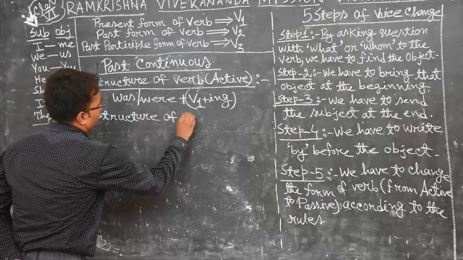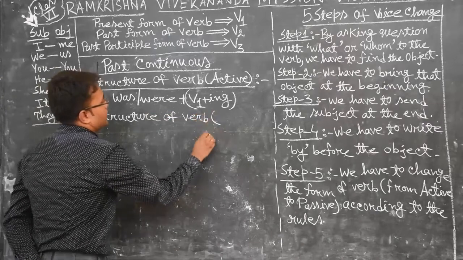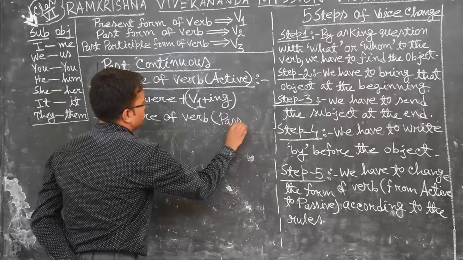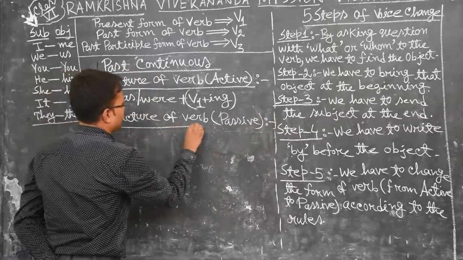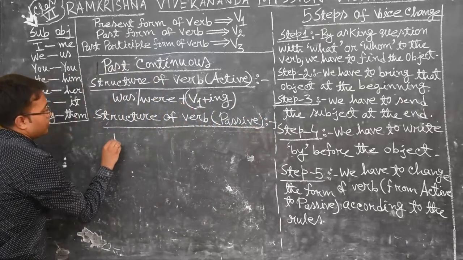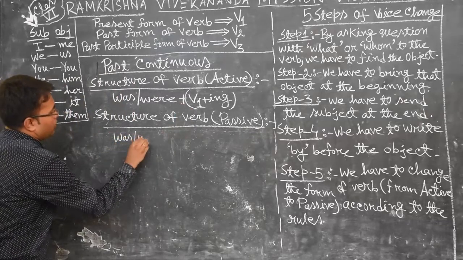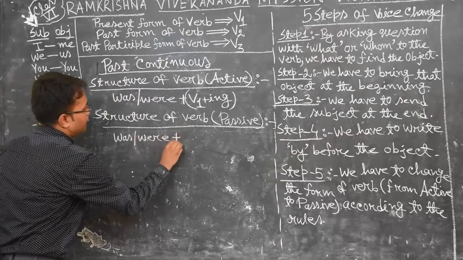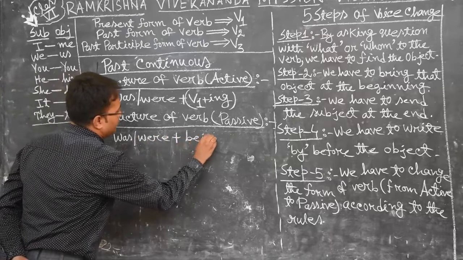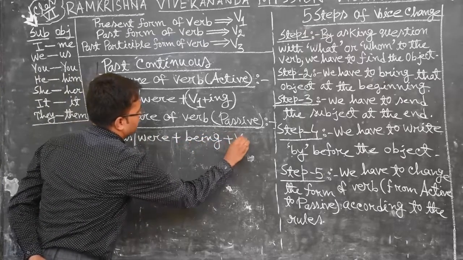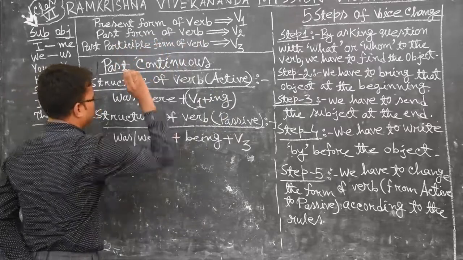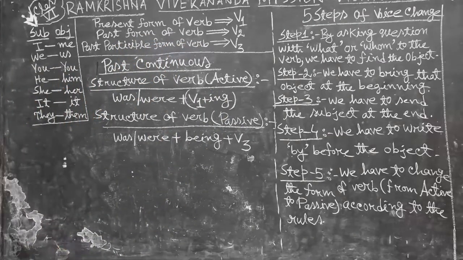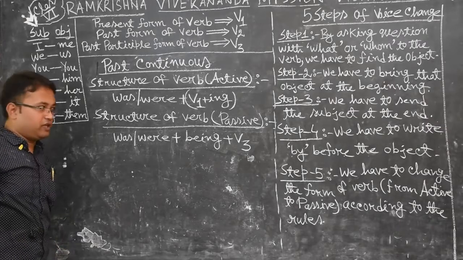Structure of verb in passive voice is was or were plus being plus V3 or past participle form of verb.